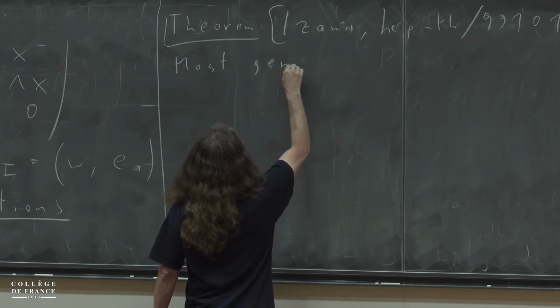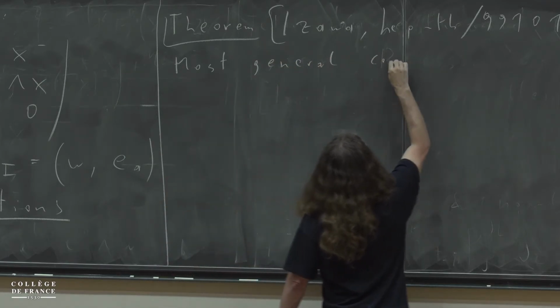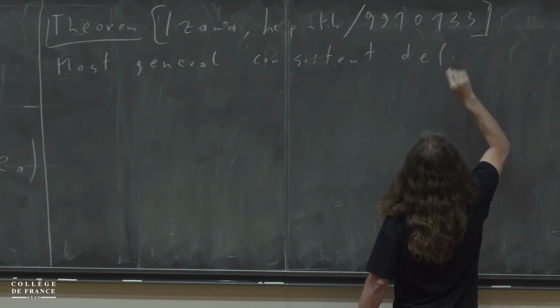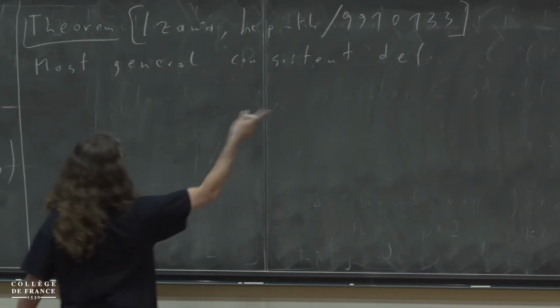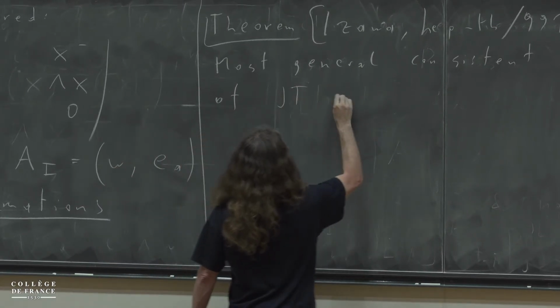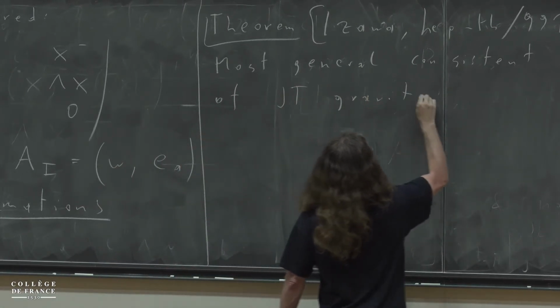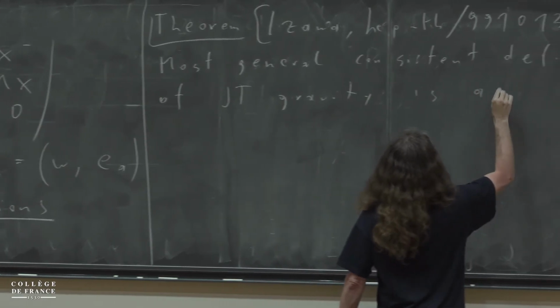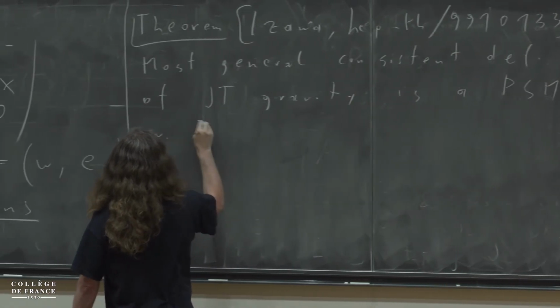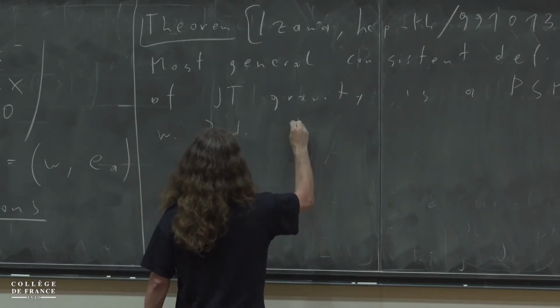So the most general consistent deformation in the sense of Barnich and Henneaux of JT gravity is a Poisson-Sigma model with three-dimensional target space.